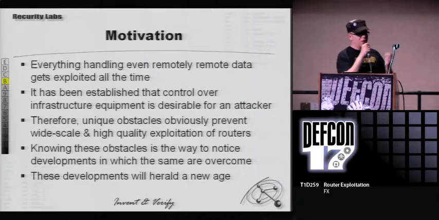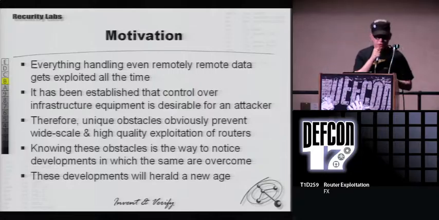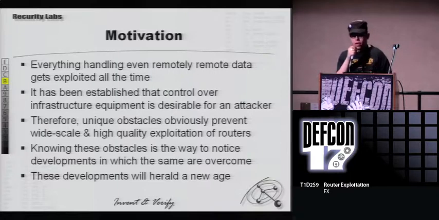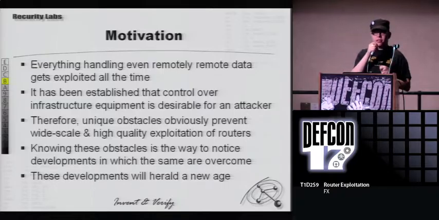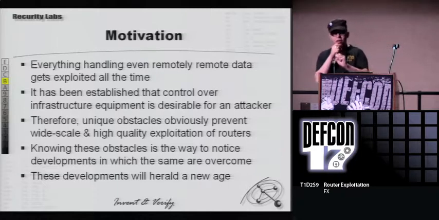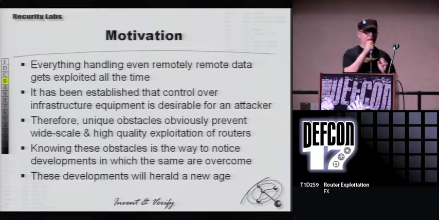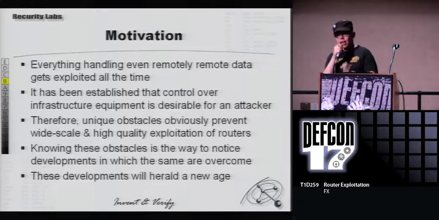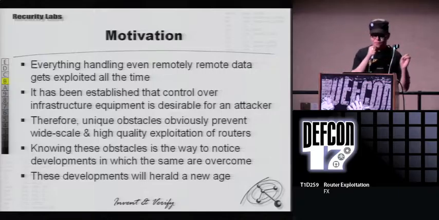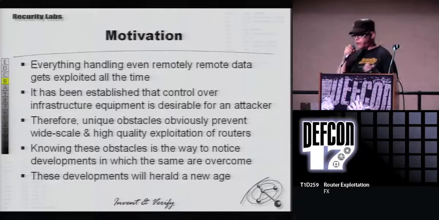Therefore, there must be something unique about, especially Cisco, that makes it really, really hard. Now, if we figure out what that unique stuff is, then we can actually tell what needs to happen in this world so we actually see Cisco worms. And that actually allows us to react before it actually happens. So that is essentially where I came from.